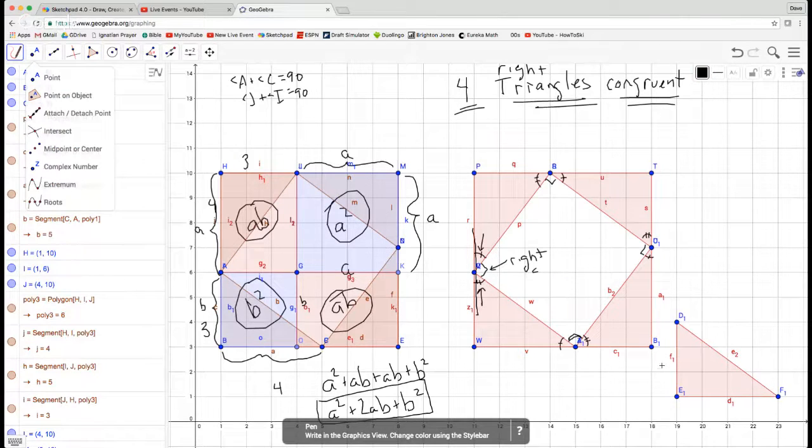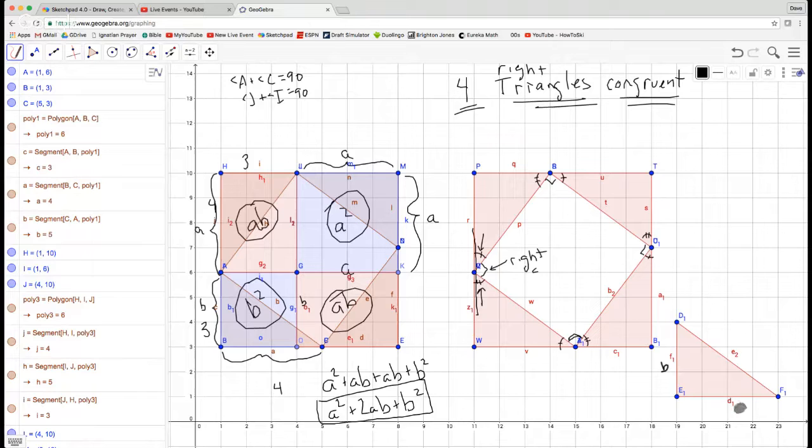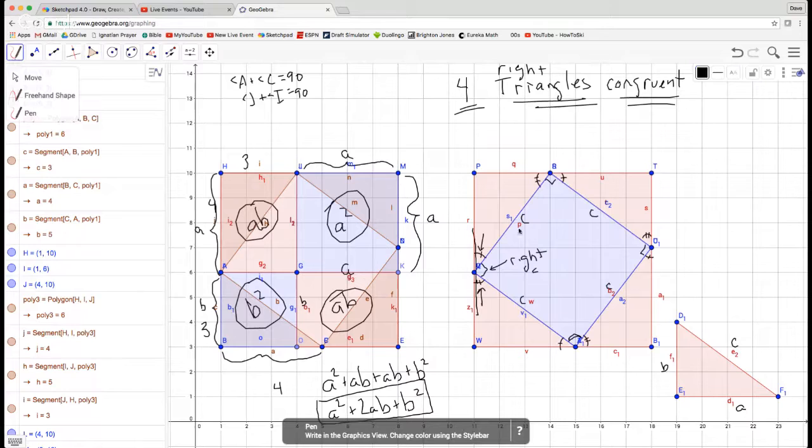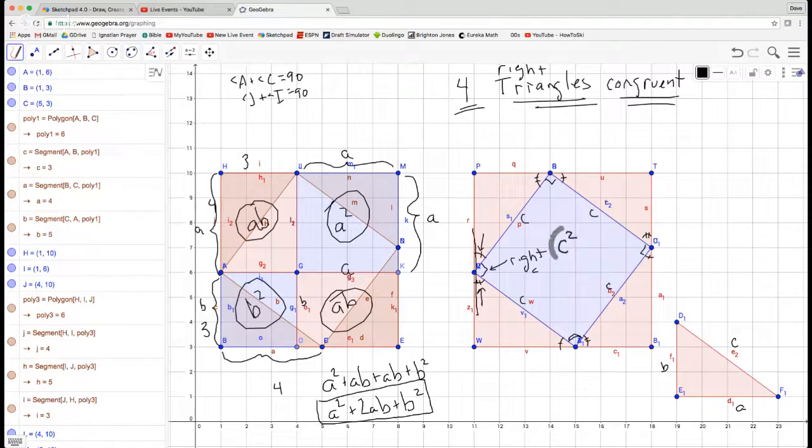Again, we're going to label the short side B, the longer leg A, and the hypotenuse C. So if these are all C, and this is a square, then this whole piece in the middle, let's make it blue, this has to be C times C. The area of this whole center thing is C squared, because this is a square with sides of C. This is looking really cool.